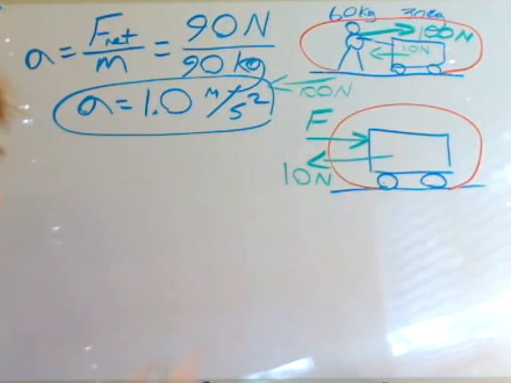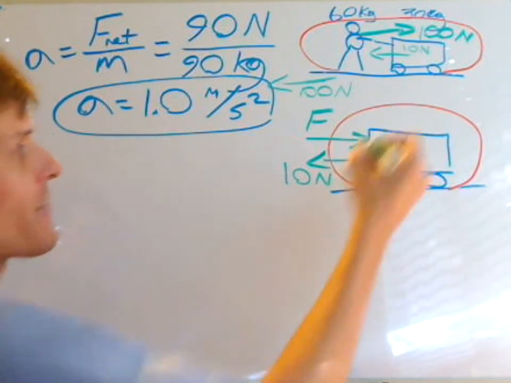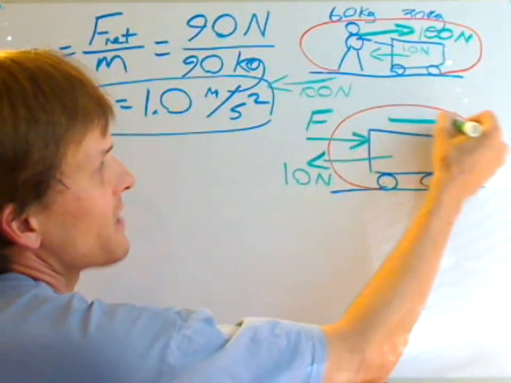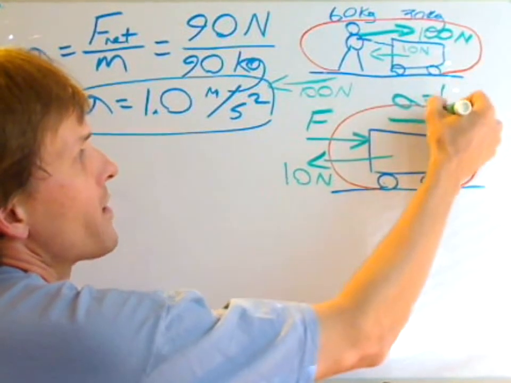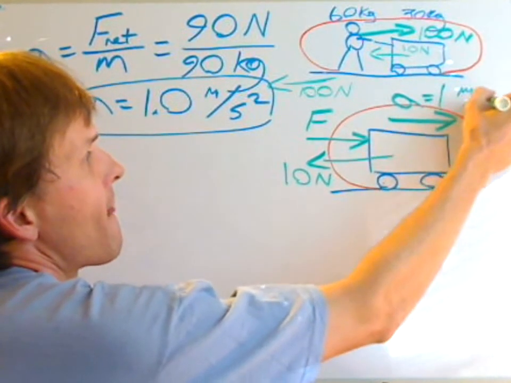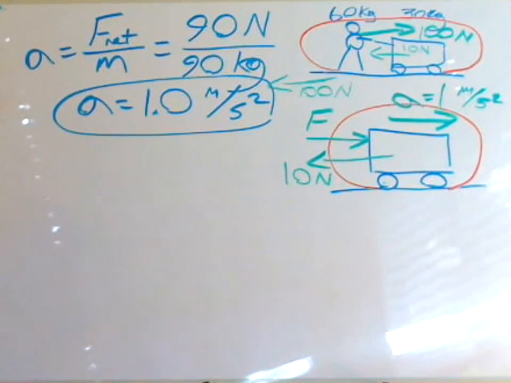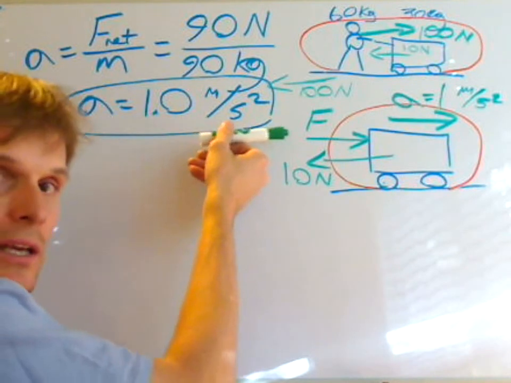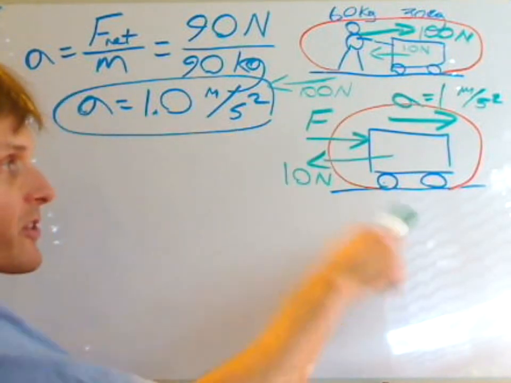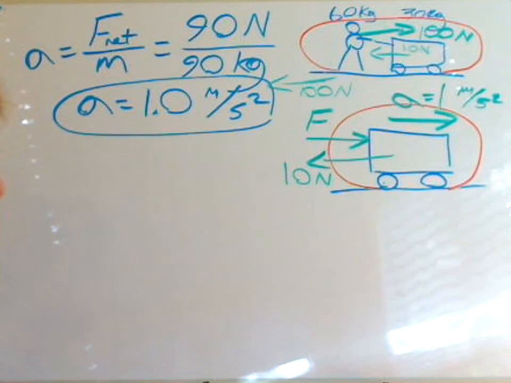And the other thing we know about this particular system from part A of the question is that it's accelerating this way at 1 meter per second squared. Okay? So we've removed the person from the problem now. The person is this external agent that's applying a force to this system, the cart here. So we can now apply Newton's second law.